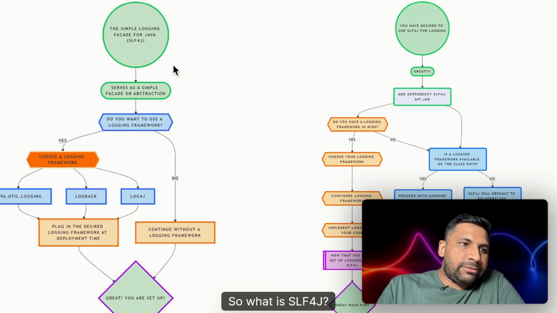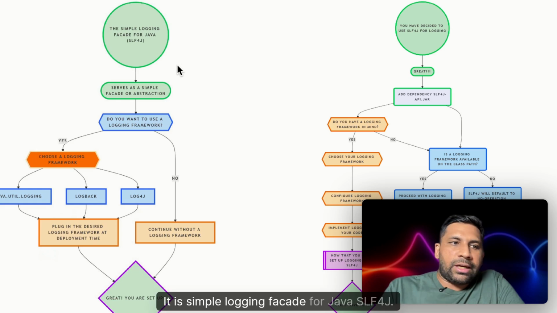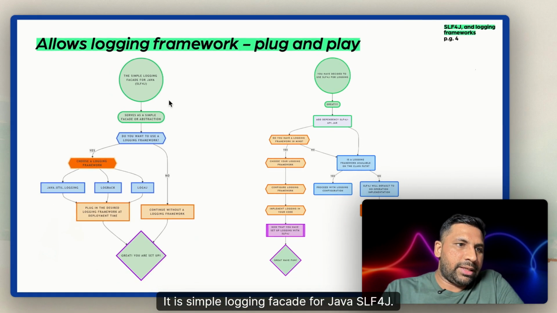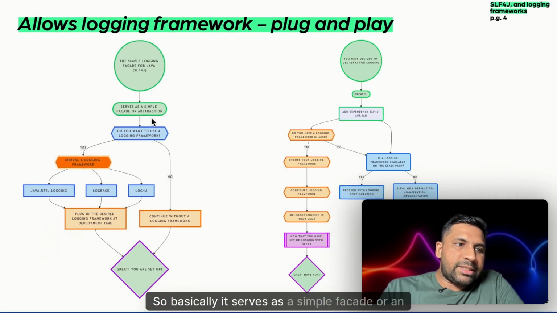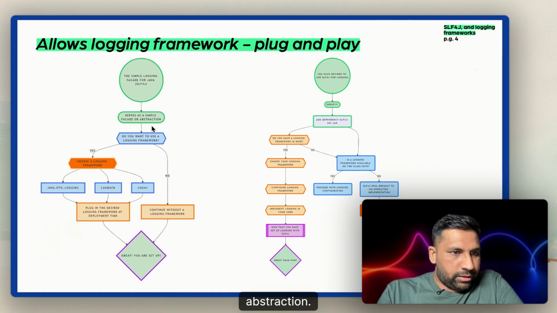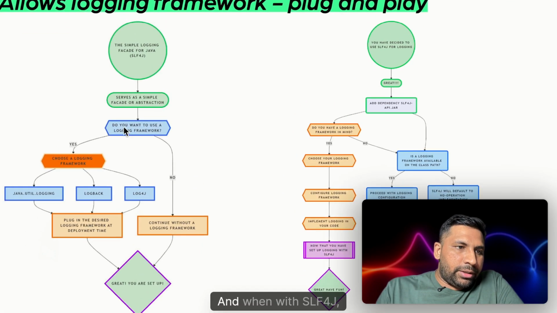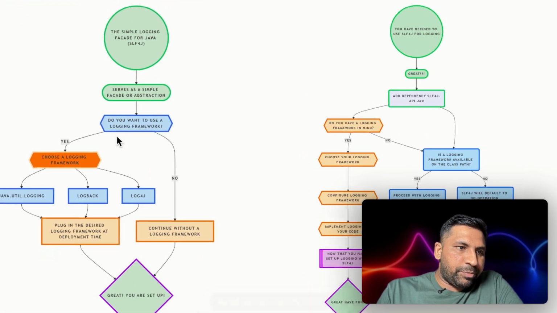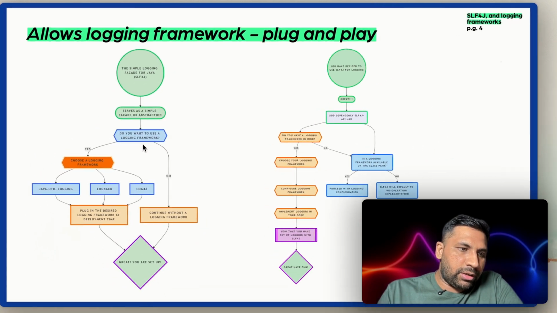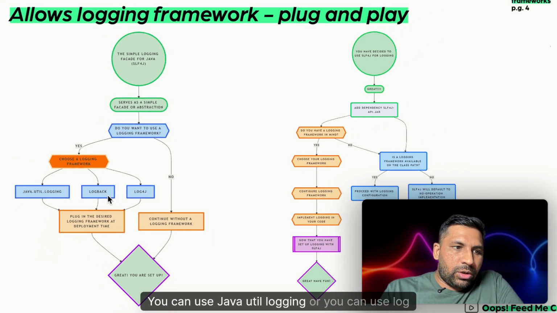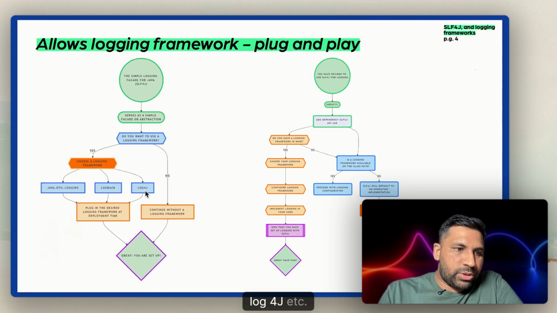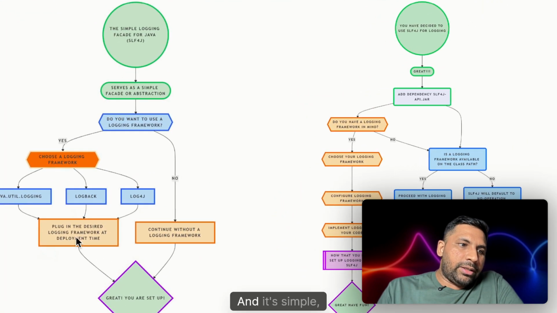So what is SLF4J? It is Simple Logging Facade for Java. How does it work? Basically it serves as a simple facade or an abstraction. With SLF4J, if you want to use a logging framework, you can choose a logging framework of your choice. You can use Java Util Logging, or Logback, Log4j, etc. And it's simple.